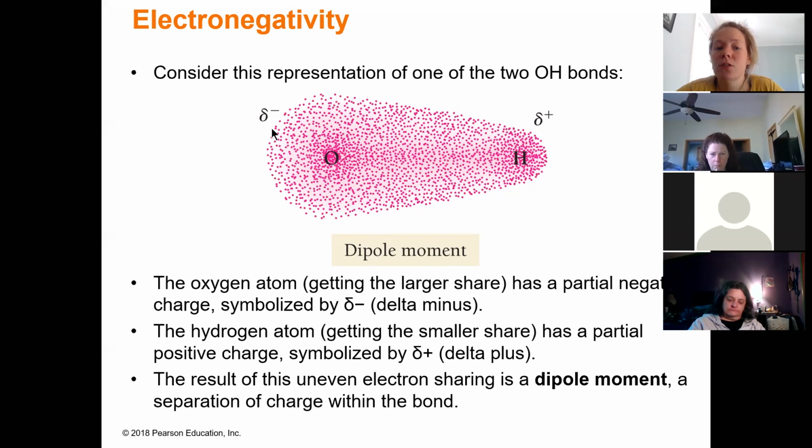And what that does is create sort of like a negative charge by the oxygen and a positive charge by the hydrogen, because the electron just in general sits closer to here. So now we've got this dipole moment, or this asymmetry within the molecule where there's like positive parts and negative parts to it. And that makes it stick to itself.